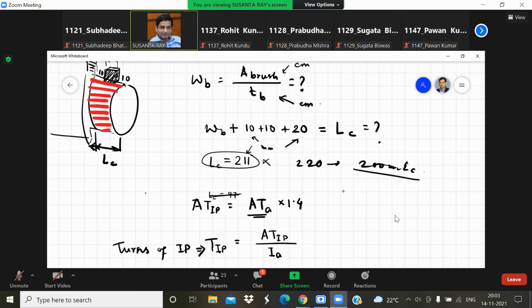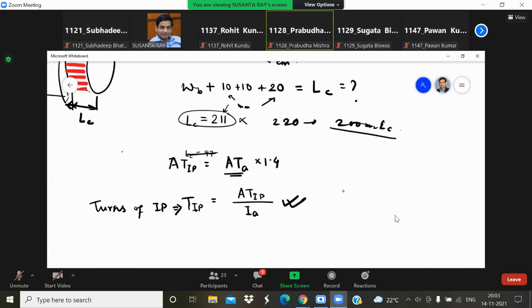There's armature current. This is the thing you have to find out for the interpole: what is the number of turns?